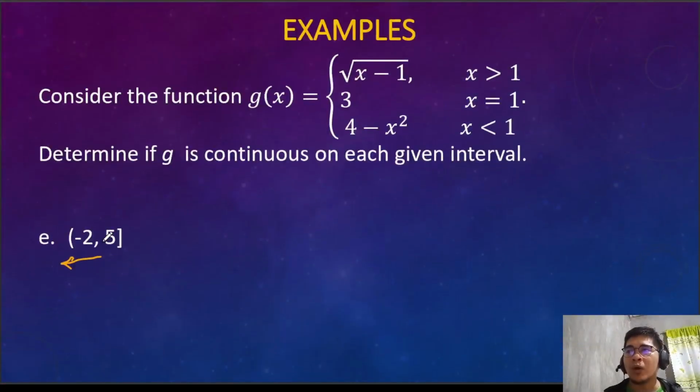And take note, 1 is in between -2 and 5, so we can use it here. The first condition for this half-closed interval is that it must be continuous on every number in between.